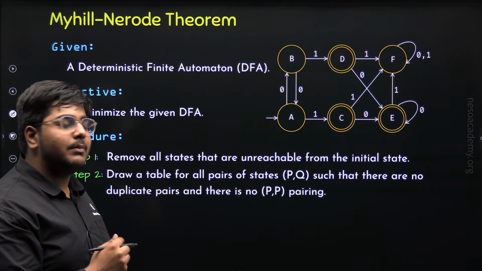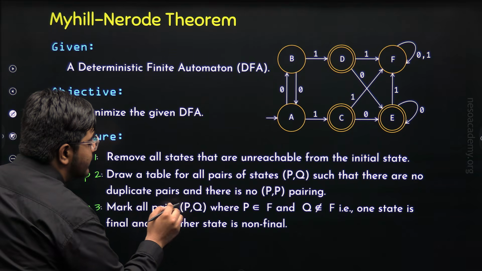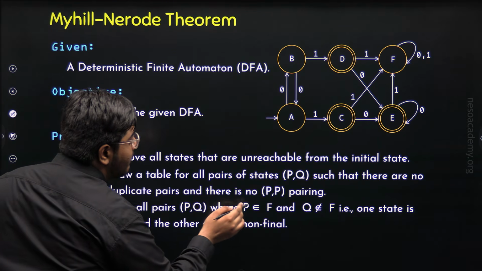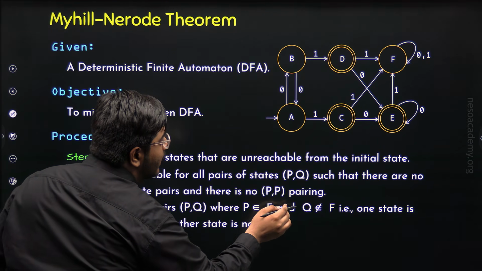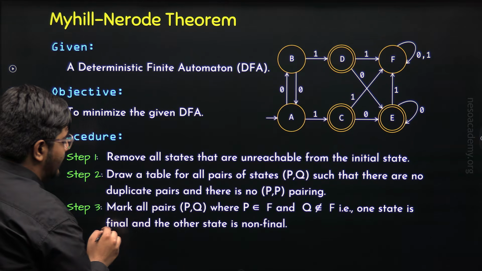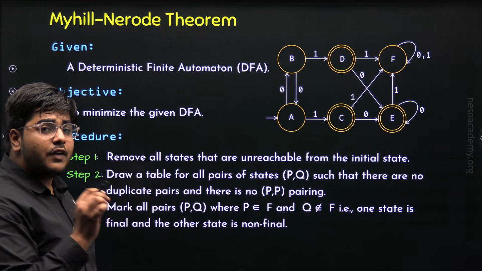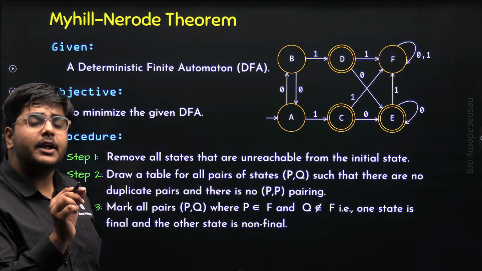Let's move to step number 3. In step number 3, mark all pairs P, Q where P belongs to F and Q does not belong to F. That is, one state is final and the other state is non-final. So at the end of step number 2, you will get a table.